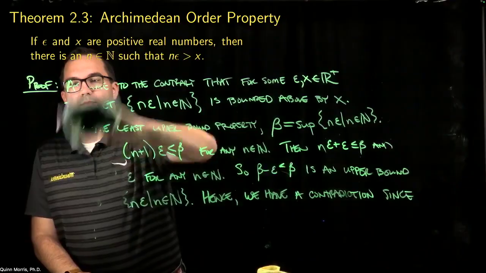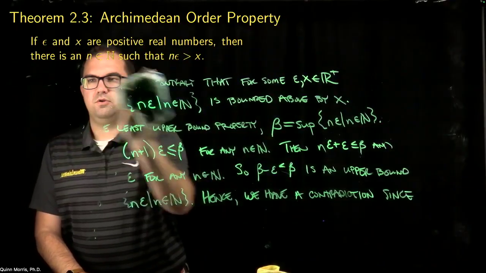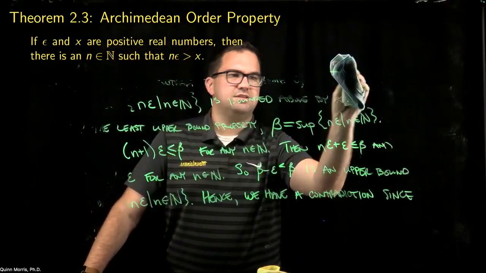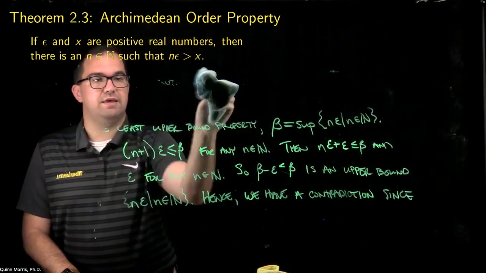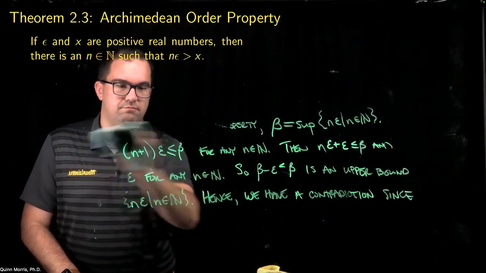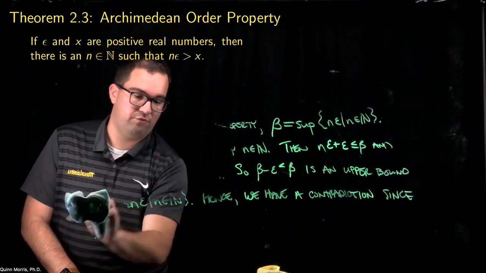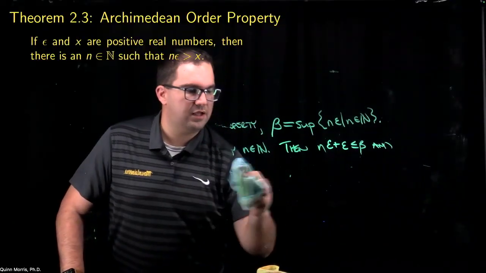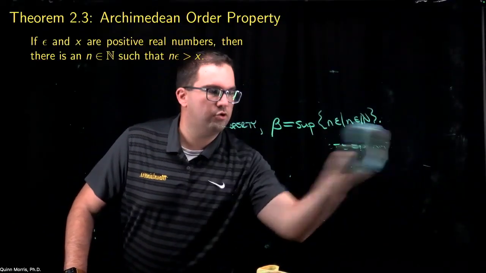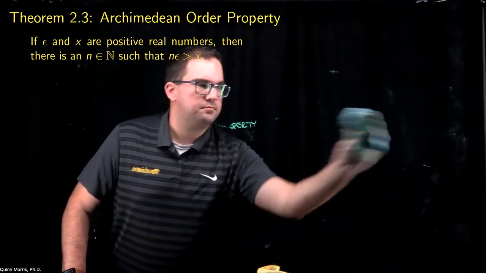Now, the Archimedean order property, in this form, is useful sometimes, but it actually turns out there are many equivalent forms of this, some of which I think are even more helpful than this particular form. So I will quickly close by looking at a couple of equivalent forms.